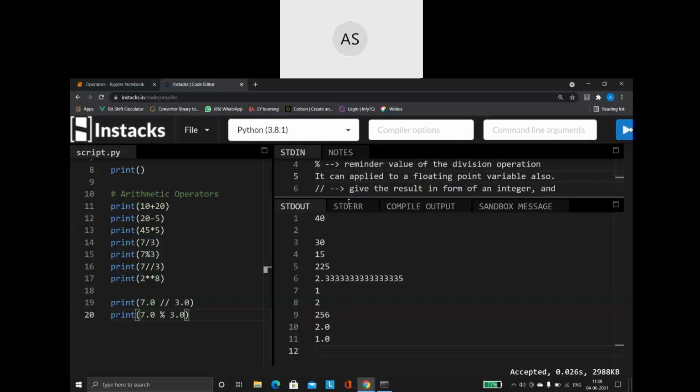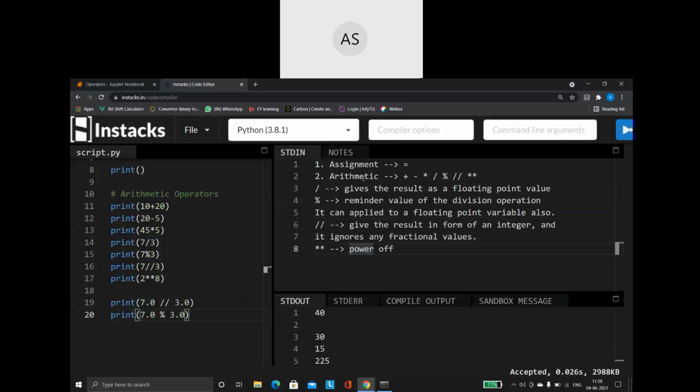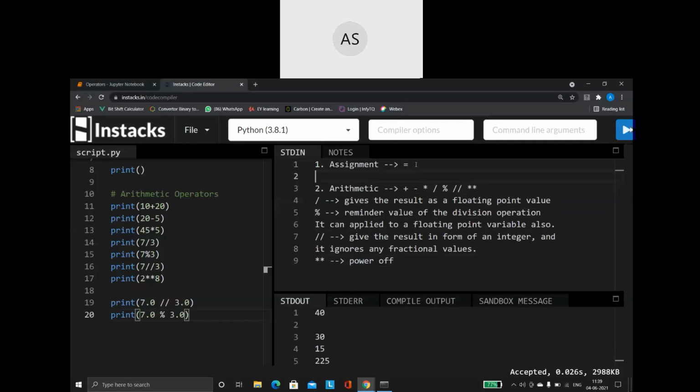So these are the important points with regards to the arithmetic operators what you should be knowing. So the basic multiplication, addition and subtraction does not have anything. It is the same operation, but the remaining 4 operators you should be having note. You should be knowing all these important takeaways which is there with these things.